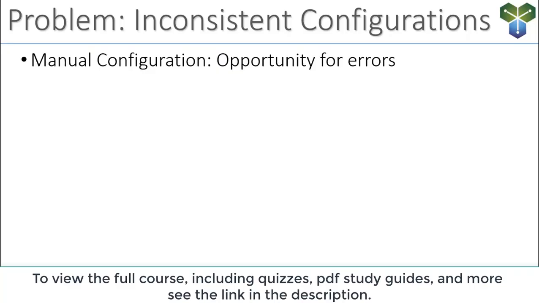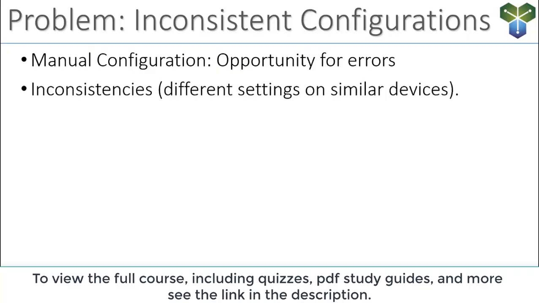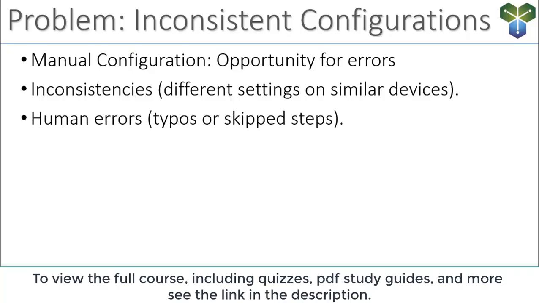And many of our largest outages that we experience are often because of human error. We also have a tendency to see inconsistencies. So if we have many similar devices and they're set up manually by a human, you may see little inconsistencies between the configurations of those devices, which can potentially create big problems. And there's always the possibility of little typos or critical steps that may have been skipped.